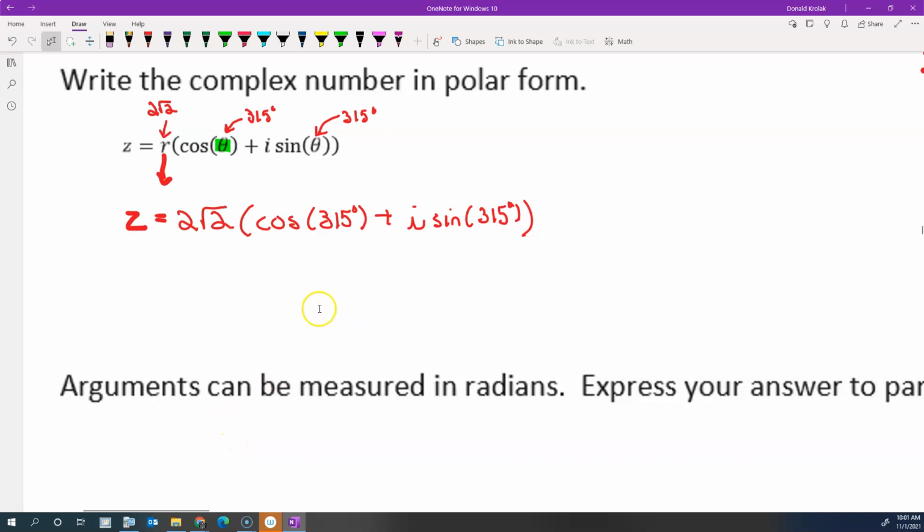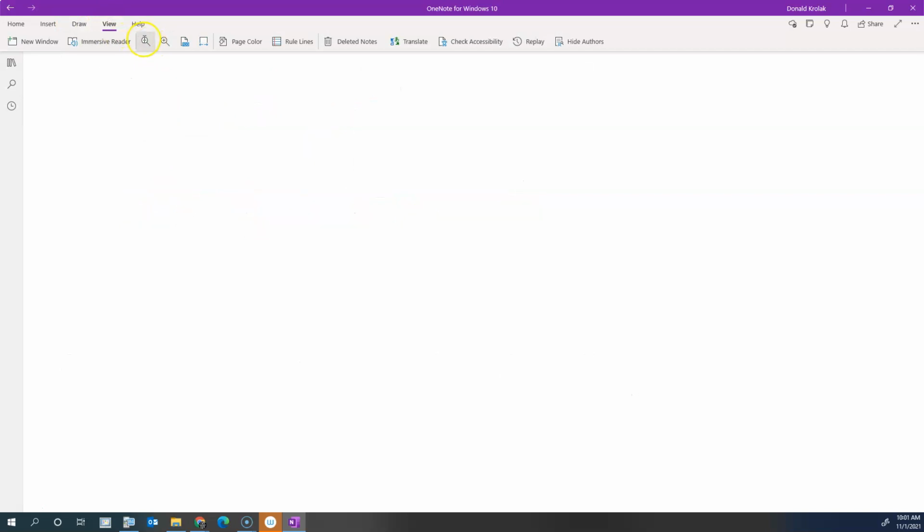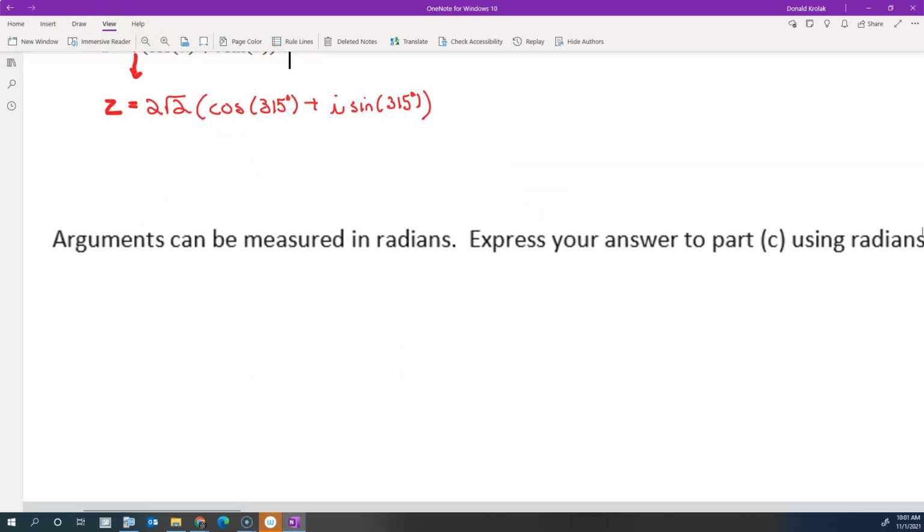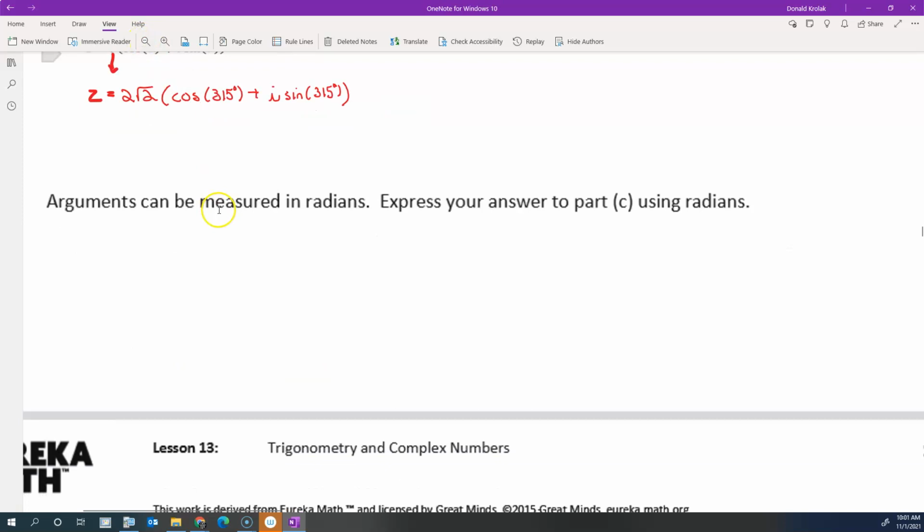And the next section, which we've already done, says arguments can be measured in radians. So angles can be measured in radians, that's the same thing. This is just angles.